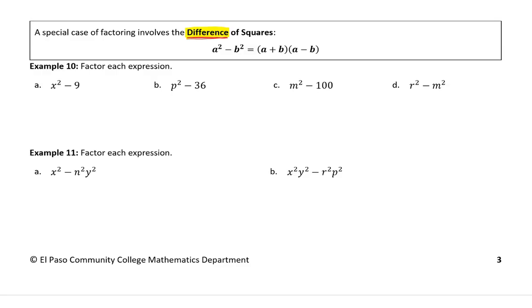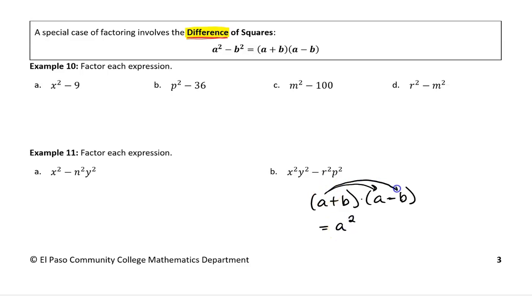Now, where does this rule come from? How come we end up with just the a plus b, a minus b? Well, if I'm given a plus b times a minus b, and I want to know what the multiplication would result in, what would the distributive property give me? Well, I'd multiply a times a. That's a squared.